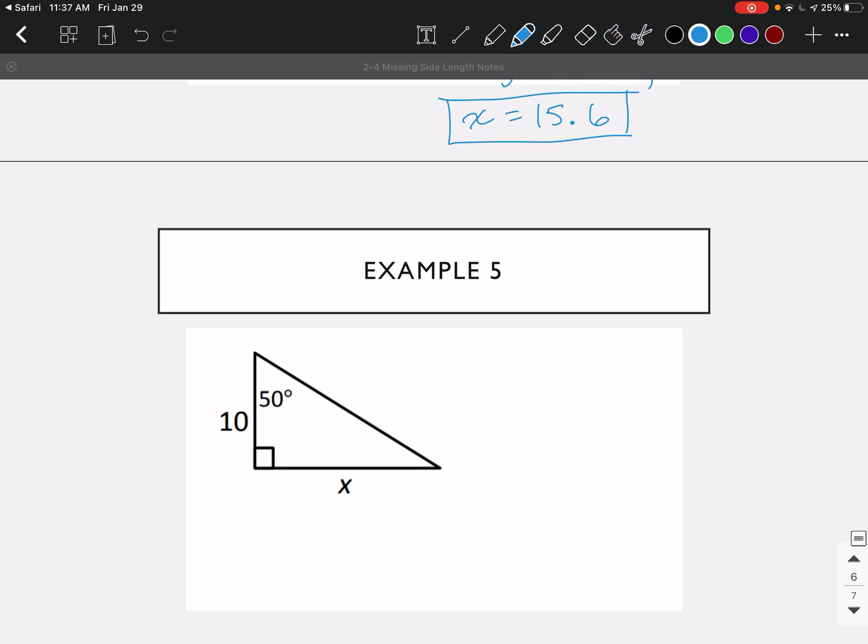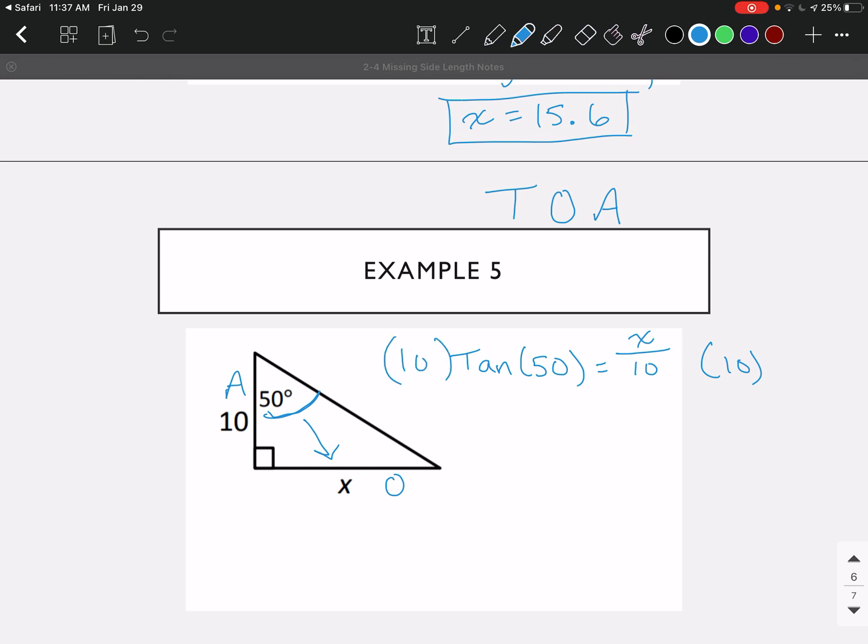And two last ones. These will be our TOA. Remember, tangent, opposite, adjacent. I have my angle. My x will be opposite and my 10 will be adjacent. So we'll have tangent 50 equals opposite, which is x, over adjacent, which is 10. We multiply by that bottom denominator of 10, so I have 10 tangent 50 equals x.